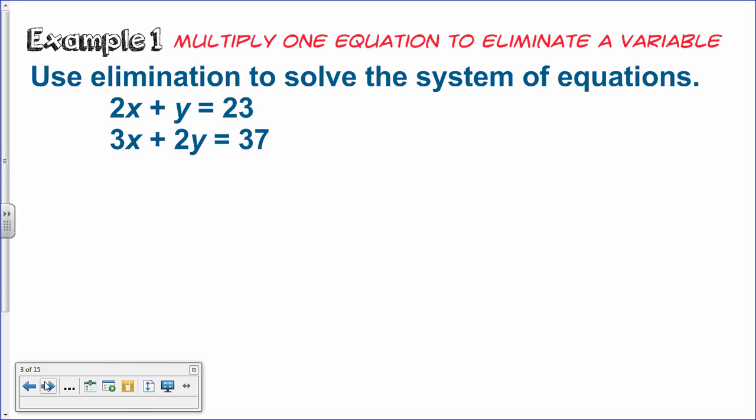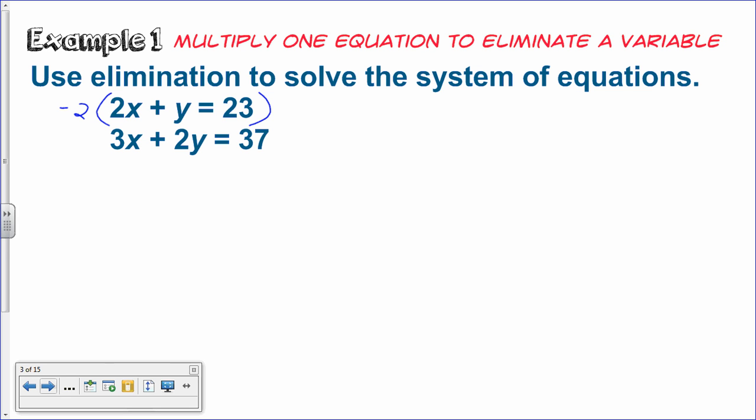What do I need to get in front of the y here? What's down here? Negative 2. That way I can eliminate which variable? The y's, okay? So I'm going to take that first one and multiply times negative 2.